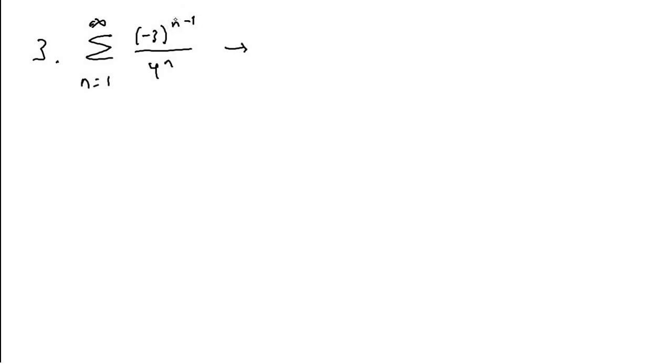So using properties of exponents, we know that when you divide exponents, you subtract them. So I can rewrite negative 3 to the n minus 1 as negative 3 to the n over negative 3 to the first. Because once again, when you divide, you subtract the exponents when they have the same base. Over 4 to the n.